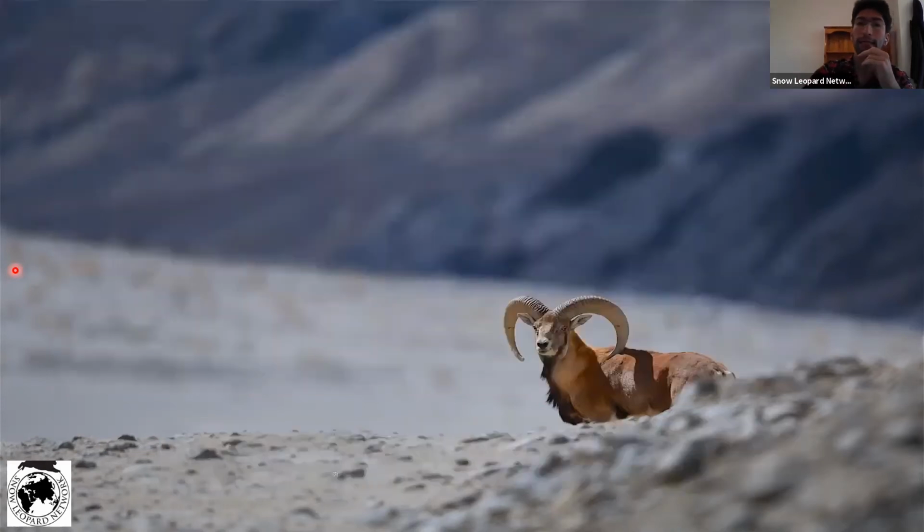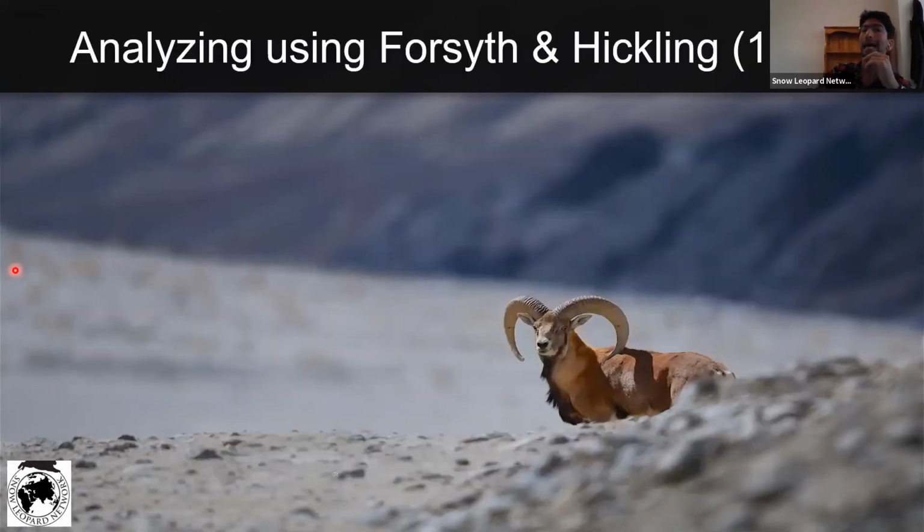So now, having collected our data, how can we actually analyze the double observer data? Now, what I want to say right off is there are various different ways that one can analyze double observer data using the whole concept of capture-recapture.